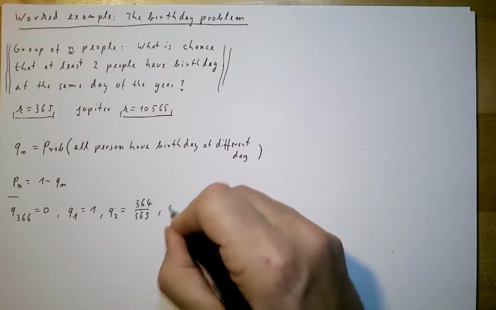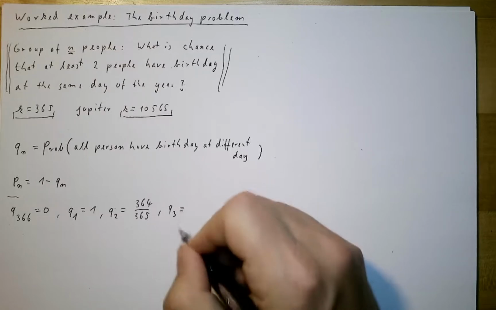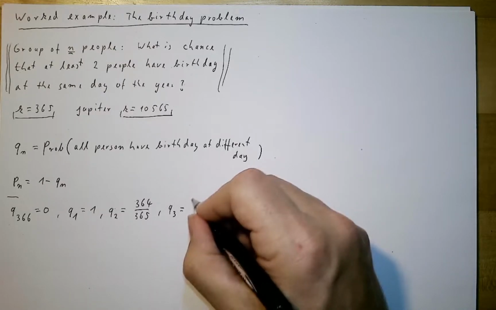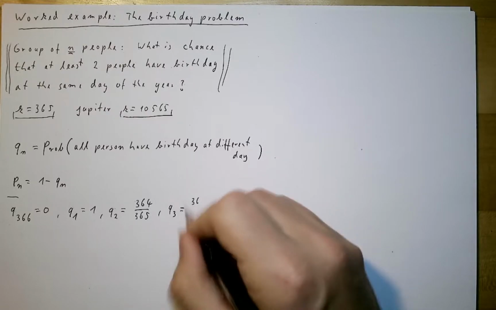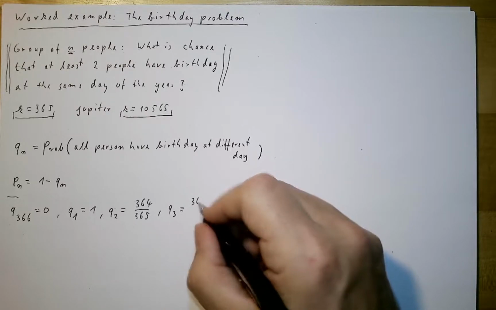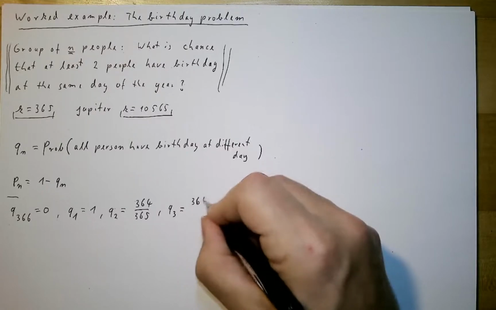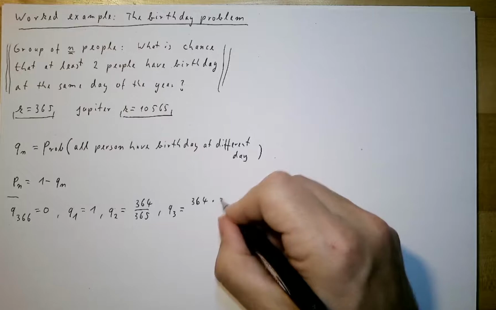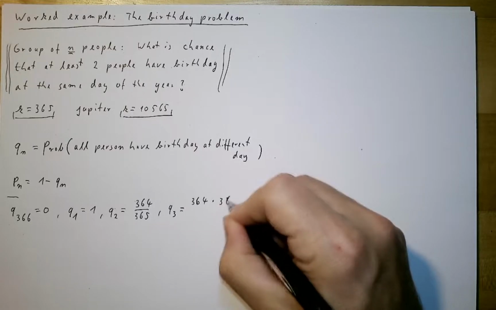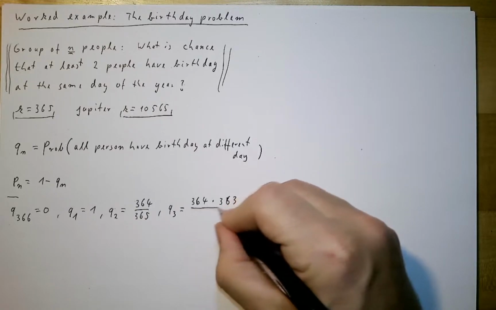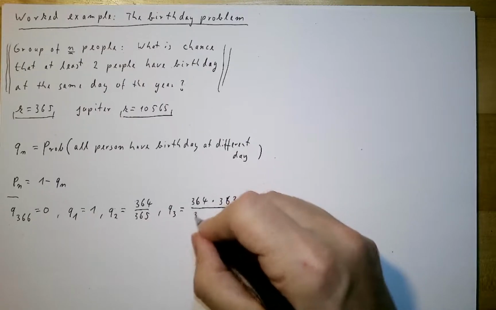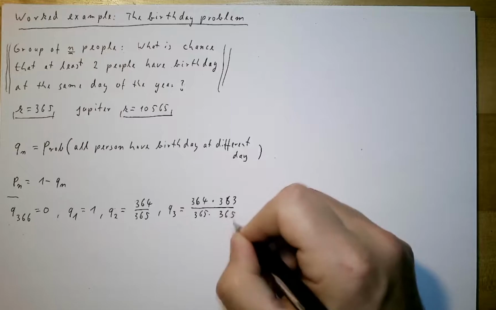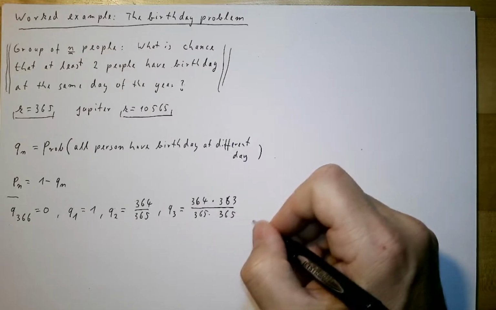Now we take Q3, and you see it's again a counting problem. For the first we choose 1 person, then for the second we have 364 days left, for the third we have 363 days left, and then we divide by 365 times 365 and so on.